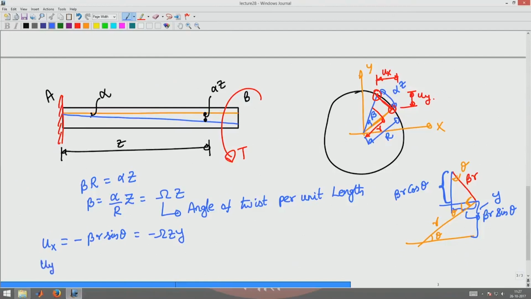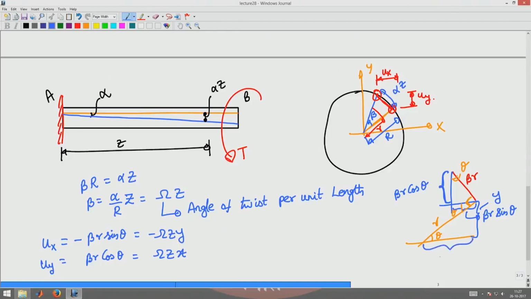Similarly, uy displacement is beta r cos theta. This is a positive displacement because it is along the direction of the coordinate system. It will be omega z, substituting for beta, times r cos theta, which is nothing but x.